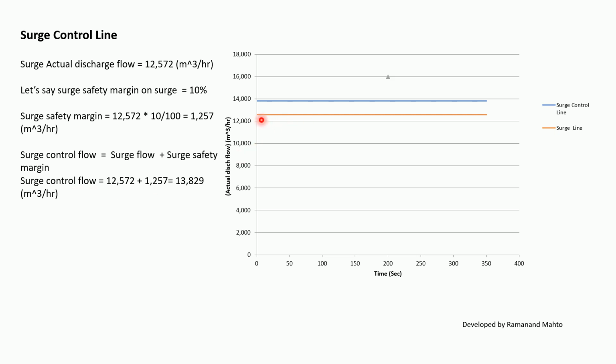So we can say this is the surge line of 12,572 and 13,829 is the surge control line. The x axis is time and the y axis is the actual discharge flow, and if the machine is operating above the surge control line it is safe, and below this it is not safe.